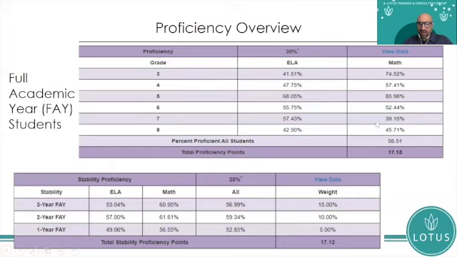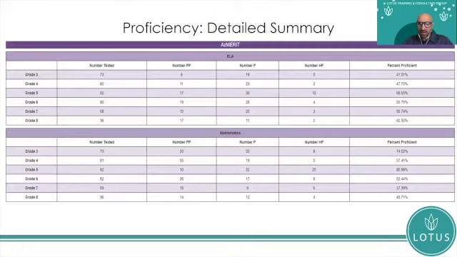In this case, you can see that 7th grade math is an area that we would want to investigate further to see more improvement. 3rd grade ELA is a little lower than some of the other data points. 8th grade ELA. So we want to identify what grades and content areas are doing well, where there's strength, what grades and content areas we need to improve, and where most of our students are sitting in terms of performance level.